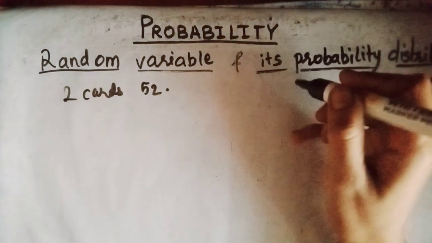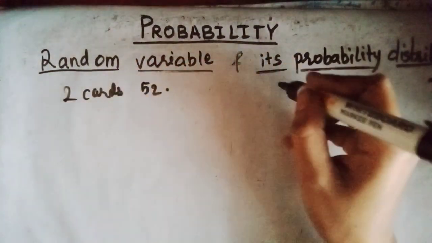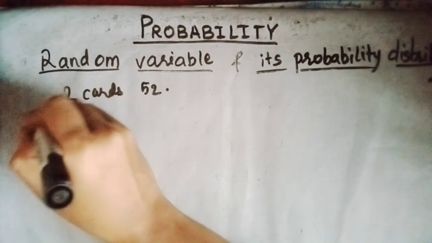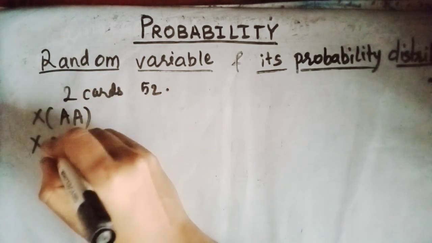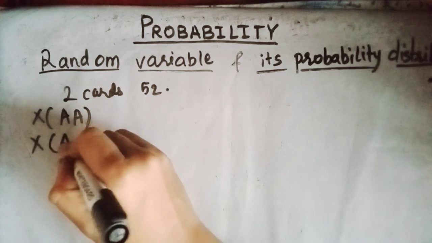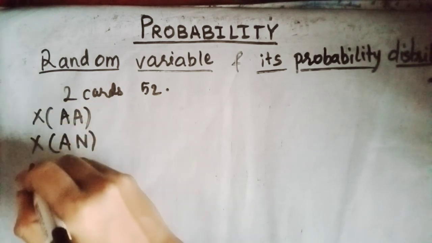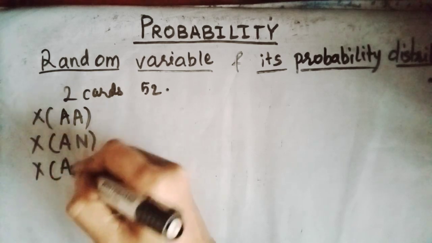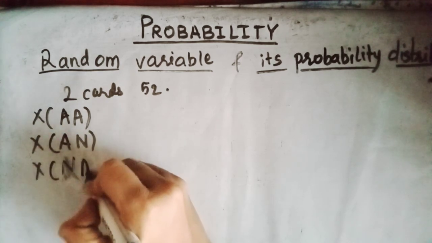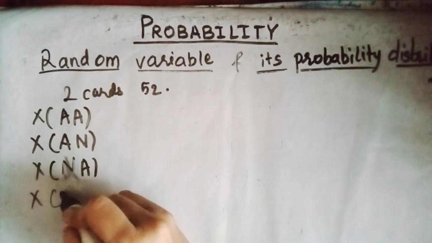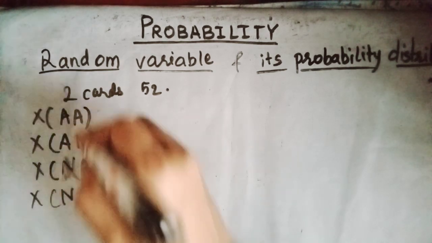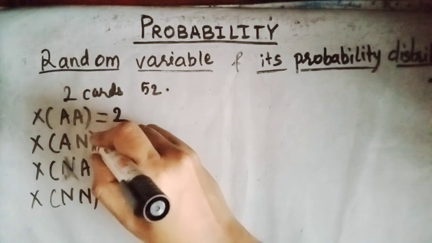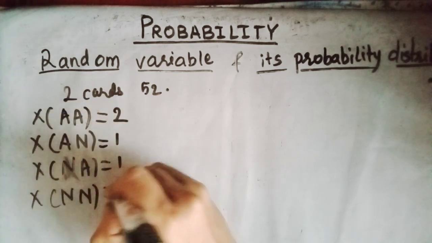Either both the cards will be aces, or 1 ace and the other a non-ace card, or a non-ace card and an ace card, or both are not aces. So both aces means the value is 2, these are 1 and 1, and this is 0.